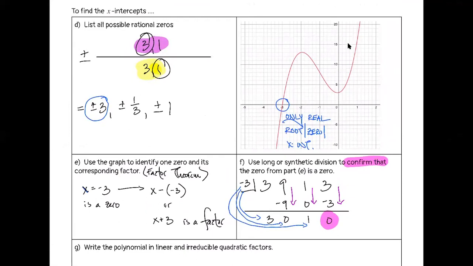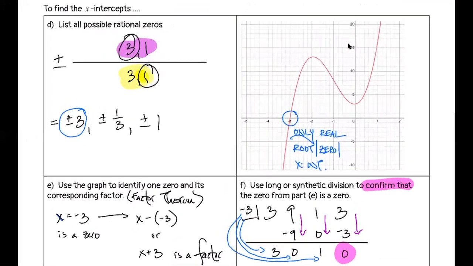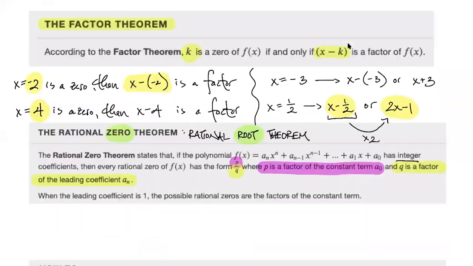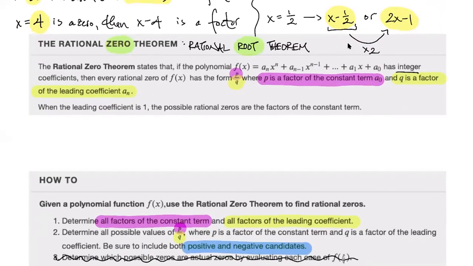Okay, so the yellow part in the denominator for part D goes back to our rational root theorem, or our rational 0 theorem. That theorem says we do not need to try every single number to plug it in and see if it's a 0 or not. We can pick wisely. So we take the factors of the constant term, the term at the very end, and we divide that by the factors of the leading coefficient.